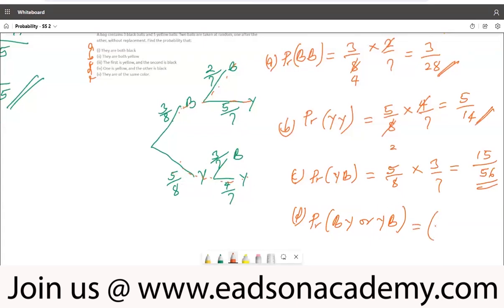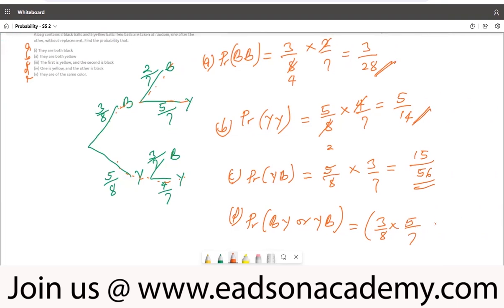So that would be, what is it? Black and yellow, 3 over 8 times 5 over 7. Let me be. So black and yellow, we're talking about this now. Right, 3 over 8 and 5 over 7. Or means addition of probability. Plus yellow and black, that is 5 over 8 times 3 over 7.